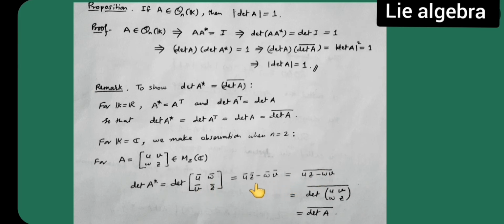This is the entire bar of determinant of U, V, W, Z, and finally you will get determinant of A bar. So you all have to know this remark and proposition, very important.